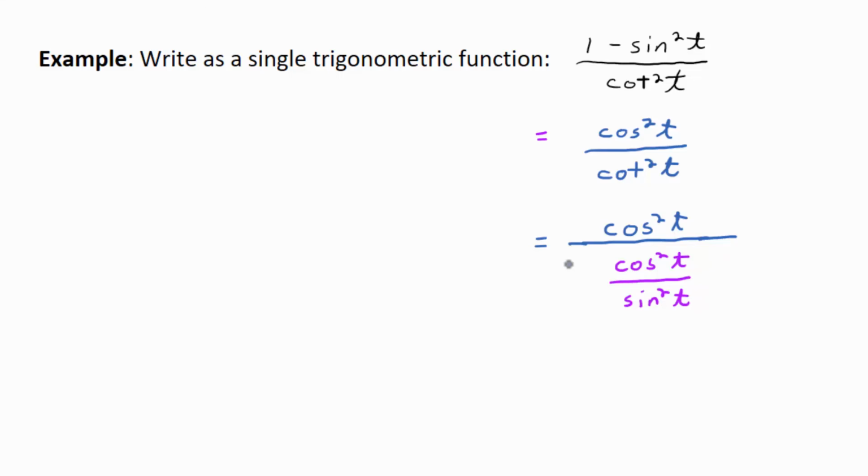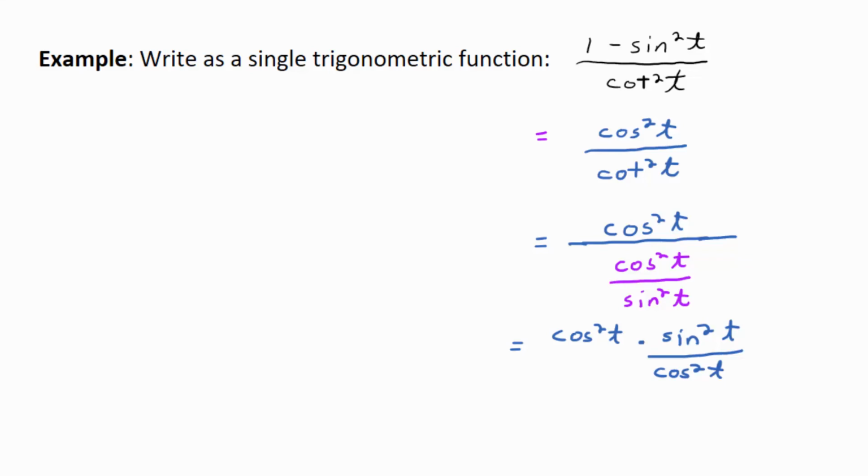Now, when you divide by a fraction, that's the same as what? You can multiply by the reciprocal of the guy in purple. I'm going to switch everything to blue now. And I get cosine squared t times sine squared t divided by cosine squared t. Everybody with me? Okay.